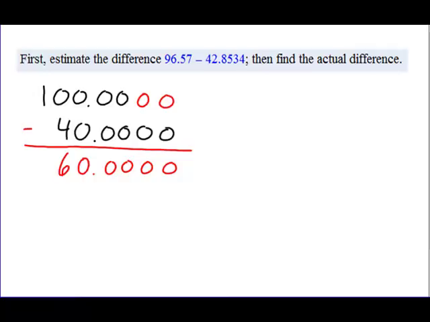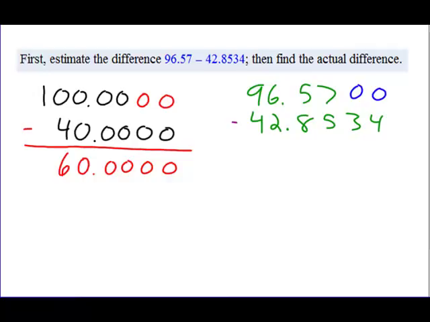The actual difference, 96.57 minus 42.8534. I have to put in placeholders so I can subtract. Now let's subtract. I'm going to borrow from the 7. This becomes a 10.